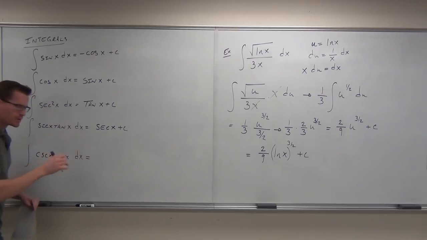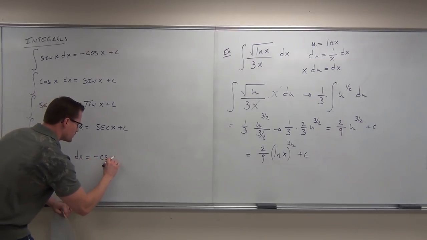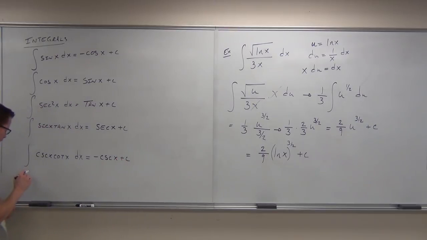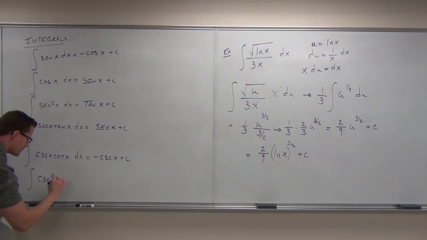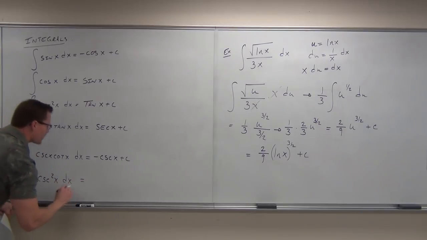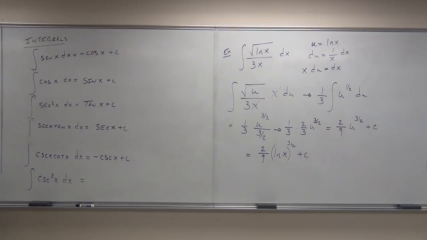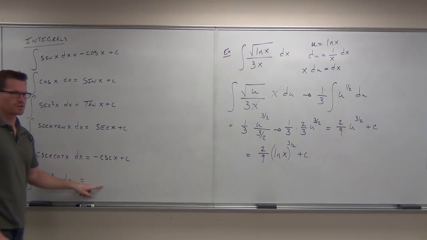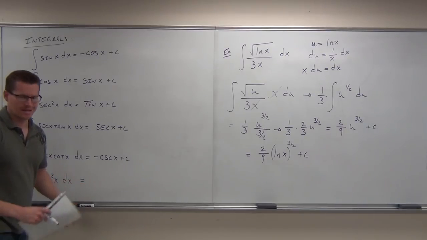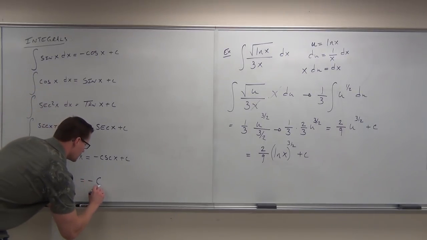Negative cosecant. That's right, negative cosecant. And then the last one should be cosecant squared, right? If secant squared equals tan x, cosecant squared should equal co something. Cotangent. Negative cotangent. That's right.